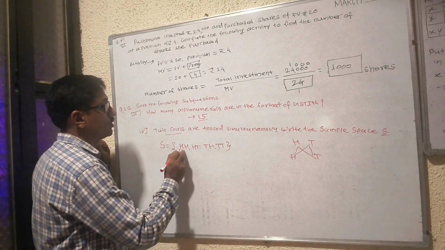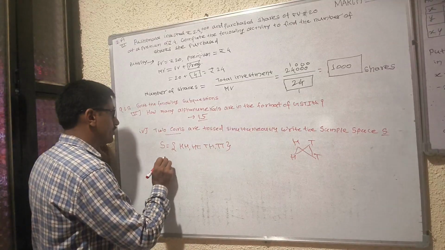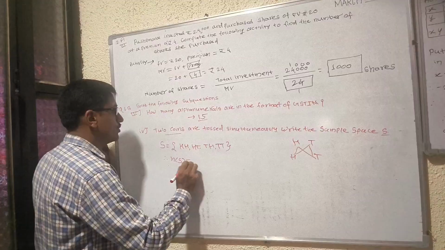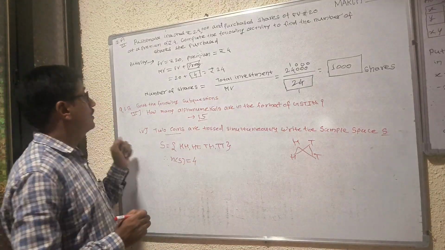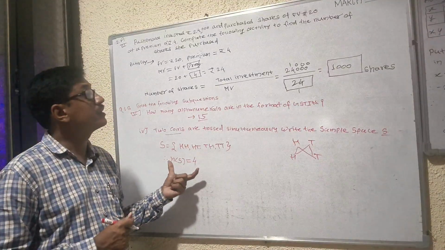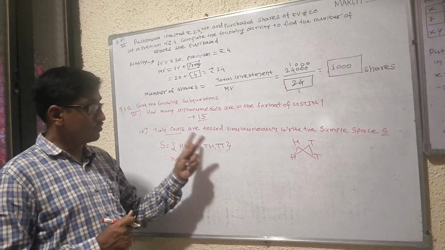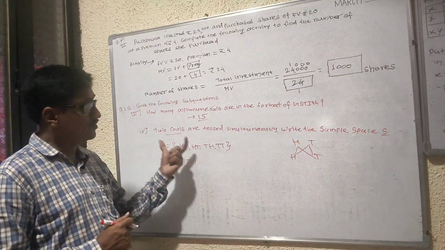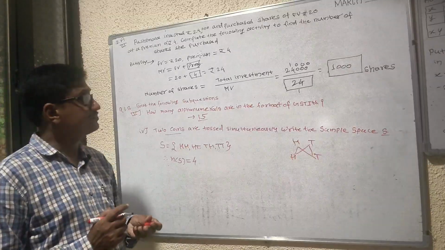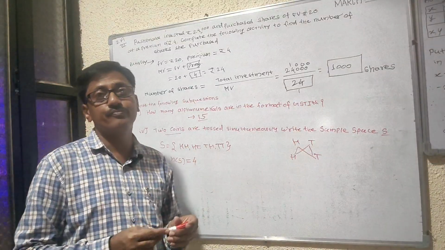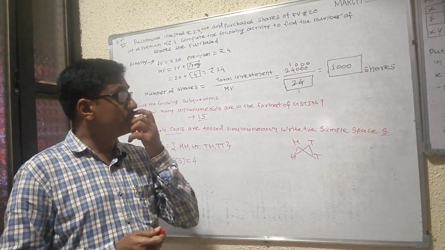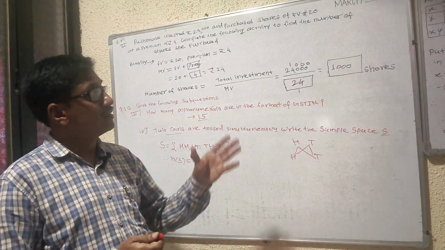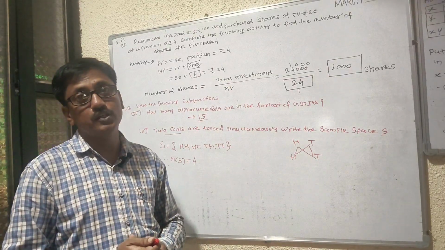How many? 1, 2, 3, 4. n of S is equal to 4, we get the answer. Two coins are tossed. Sample space, n of S is equal to 4. This is a simple question. Now we are taking question 2A.